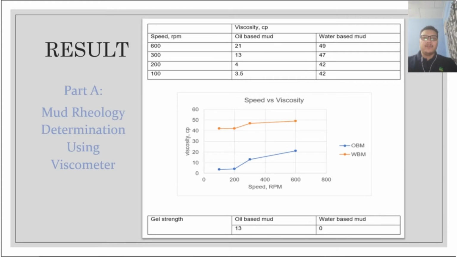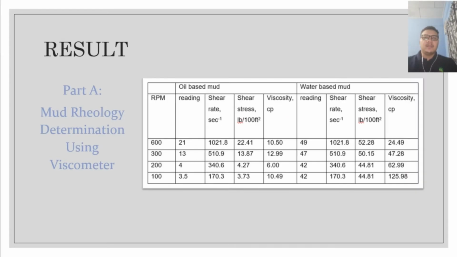Okay, now we proceed with the result of part A of rheology determination using viscometer. Here we can see the result for viscosity for oil-based mud and water-based mud, and here we can also see the graph of speed versus viscosity for oil-based mud and water-based mud, and also the result of gel strength for both. And then next, here we can see the result for the shear rate, shear stress, and viscosity for both oil-based mud and water-based mud.